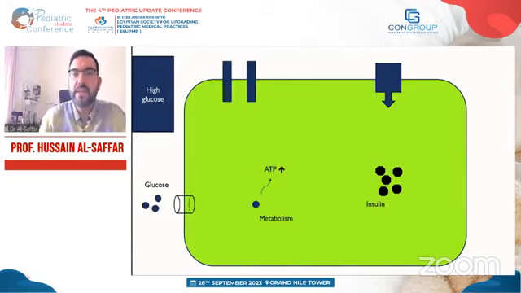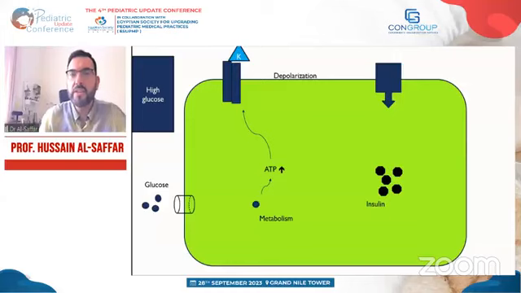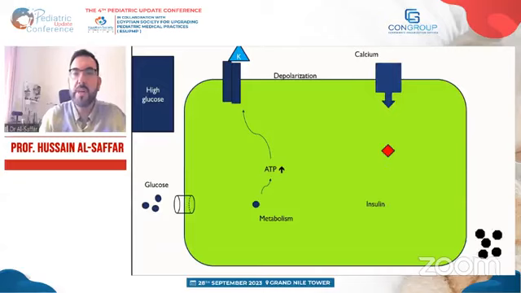That increase in the ATP will close the potassium ATP channel. Closure of this channel will result in depolarization of the membrane. Depolarization of the membrane will enhance the calcium influx, and when the calcium gets inside the beta cell, the insulin will be released outside. This is what happens normally when we have high glucose.